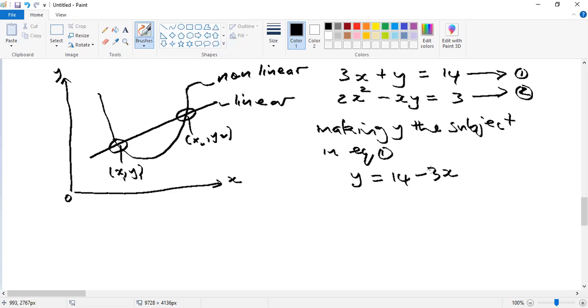Now you may ask, sir, what do you mean by make y the subject? It just means rearrange the formula in such a way that y is by itself on one side of the equation. And all you would have to do here is subtract 3x from both sides, and you get y by itself.